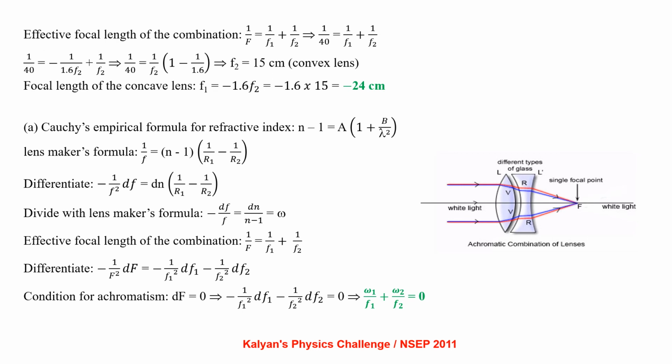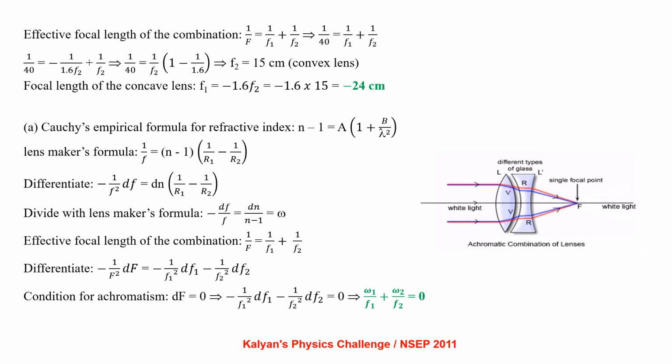Given Cauchy's empirical formula for refractive index, n minus 1 equal to A times 1 plus B by lambda square. Lens maker's formula: 1 by f equal to n minus 1 of 1 by r1 minus 1 by r2. Differentiating this, we get minus 1 by f square df equal to dn times 1 by r1 minus 1 by r2. Divide with the Lensmaker's formula, we get minus df by f equal to dn by n minus 1, which is omega.